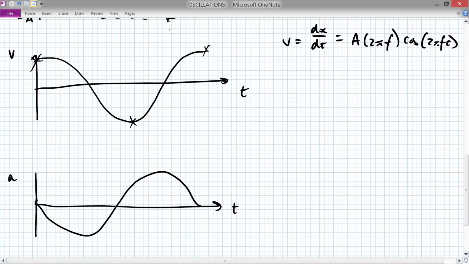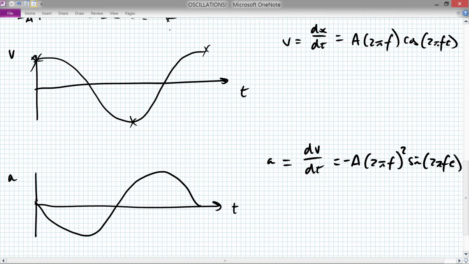And again, mathematicians, if you like, you can say that acceleration is the time differential of v, and that will give you minus 2 pi f squared sine 2 pi f t. And I'll let you prove that to yourself.